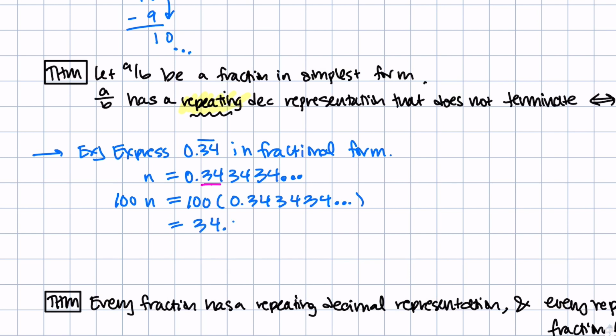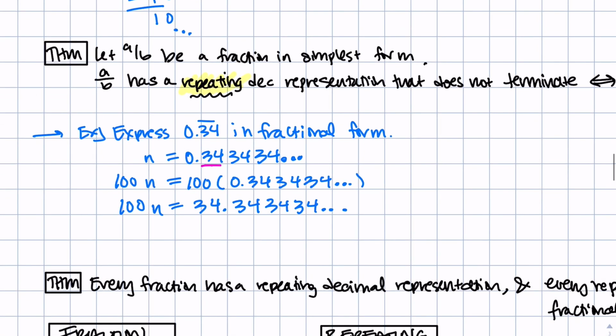So it now becomes 34.343434, right? And the left-hand side is now 100n. And now let's subtract n from both sides.